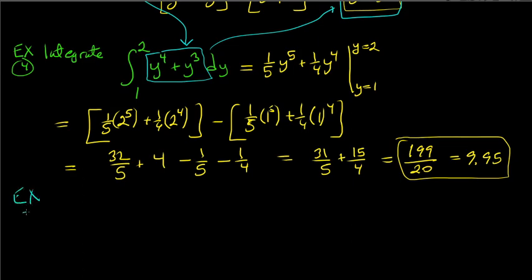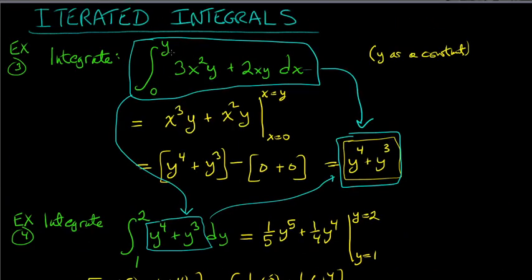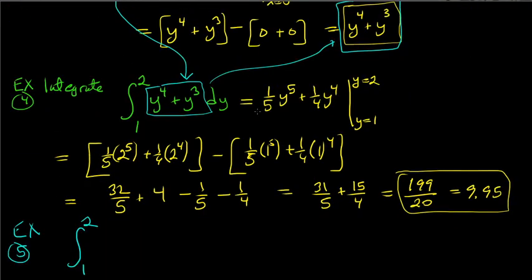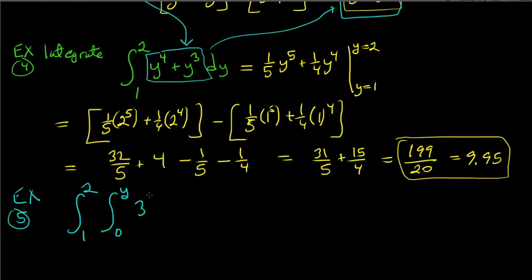This will be example 5 now. So we're doing the definite integral from 1 to 2 of, well, instead of y to the fourth plus y cubed, it's going to be the definite integral from 0 to y of, I forgot, 3x squared y plus 2xy, right?